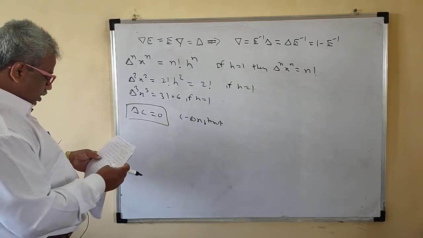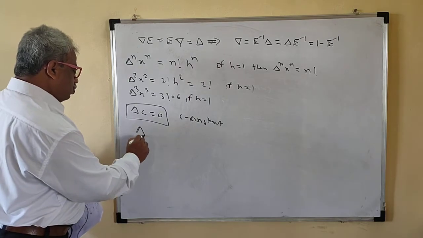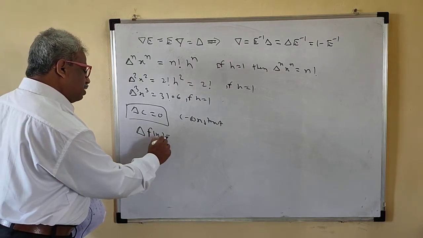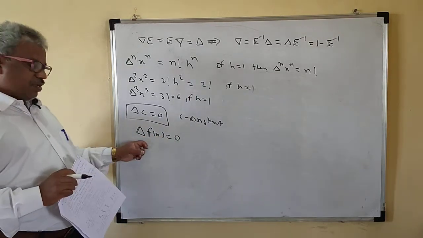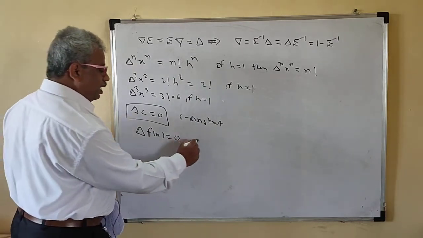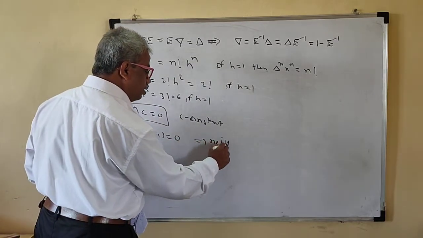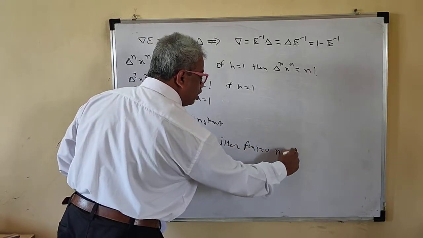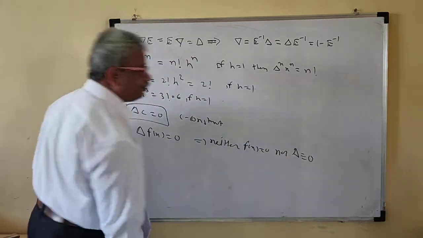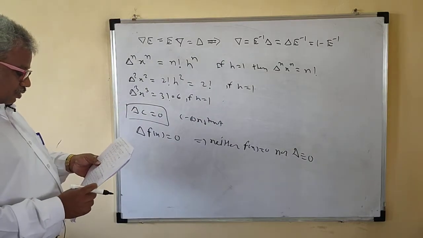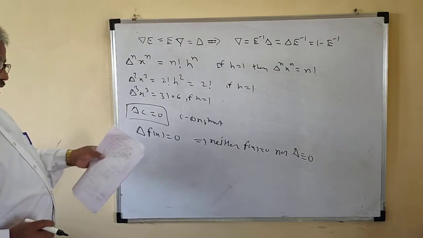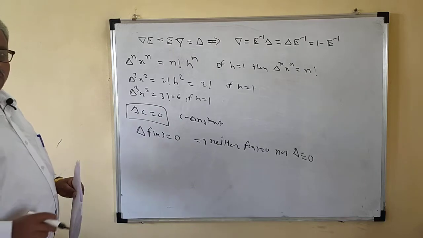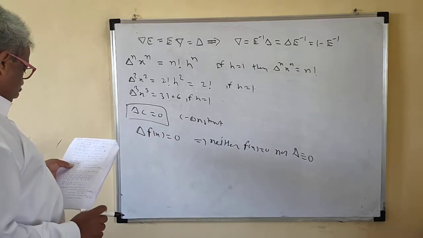Now, the first forward difference of f of x is 0 implies that neither f of x is equal to 0 nor is the operator 0. This is the meaning of this one. Neither f of x is equal to 0 nor is delta equal to 0.